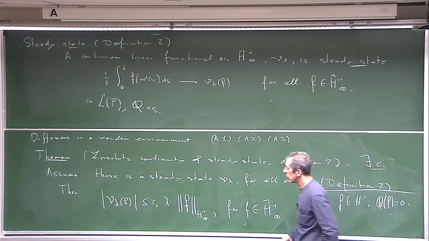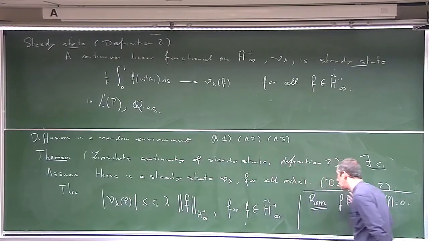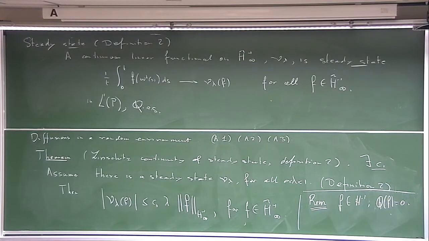So this statement, in particular that ν_λ of f tends to 0, you should understand as a way to say that ν_λ of f converges to Q of f. So ν_λ is converging to Q.